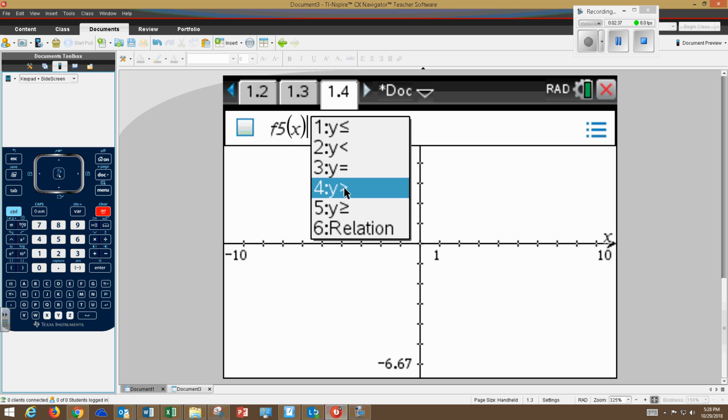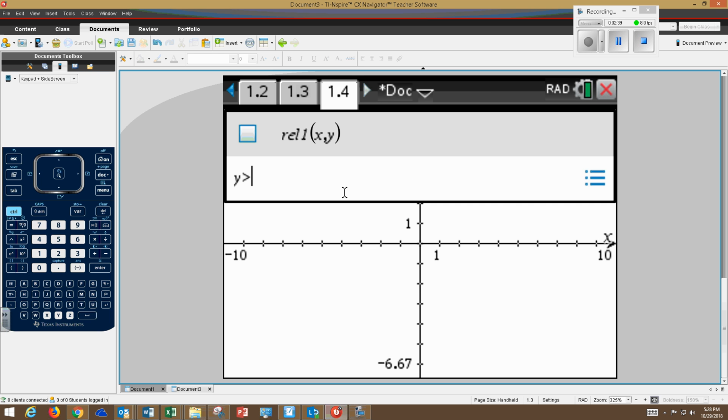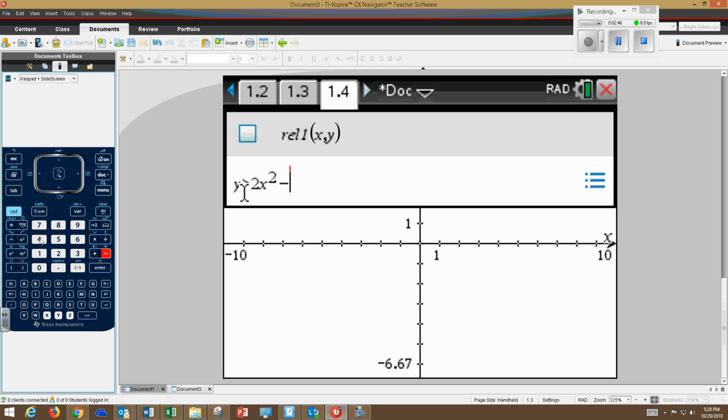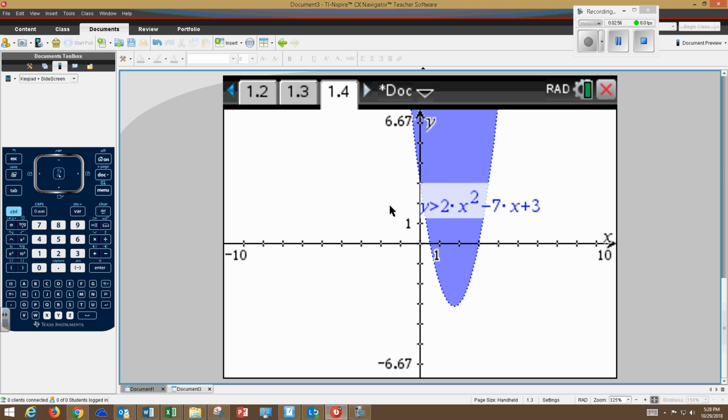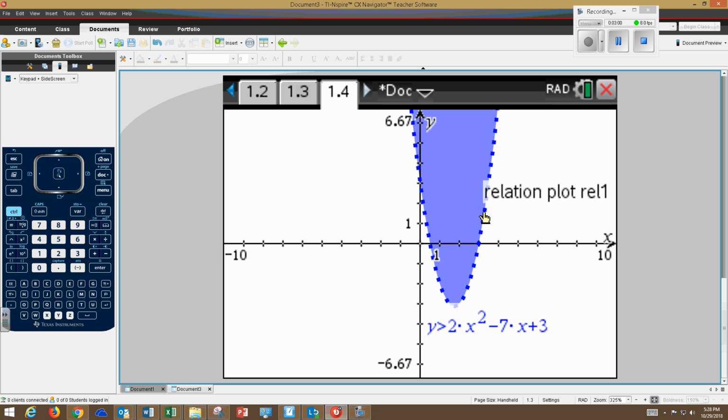We needed a strict inequality, greater than, and then I believe we had 2x squared minus 7x plus 3. Now it looks like it's a solid line, but it's not. Once you accept it, you see that it is just like the graph. So that's another way to think about it.